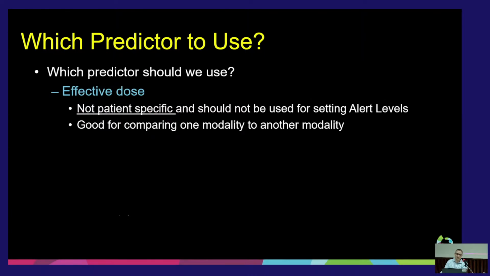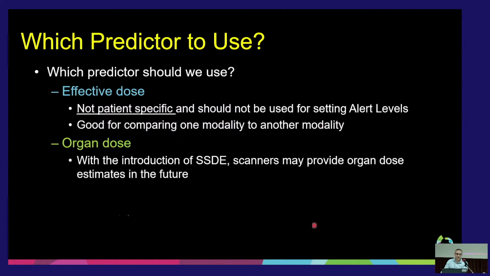Effective dose, as I've mentioned, is not patient-specific, and it should not be used for setting alert levels, but it is a really good way to compare from one modality to another. And then organ dose, it's great if all of your dose monitoring software can provide some kind of organ dose. And that requires the specialized Monte Carlo software that comes with it. I oftentimes use this when I go to optimize my doses and my protocols.